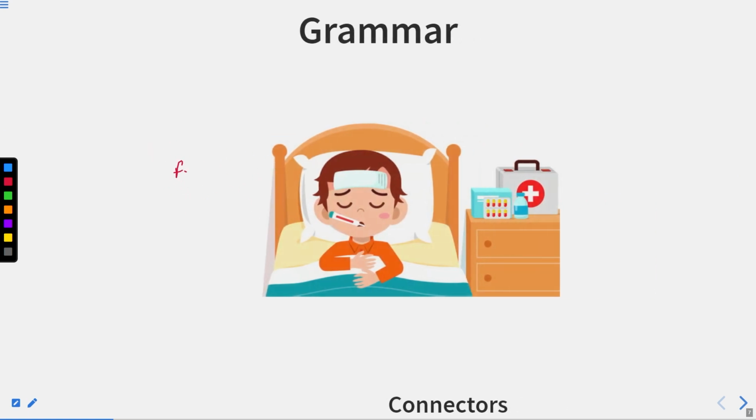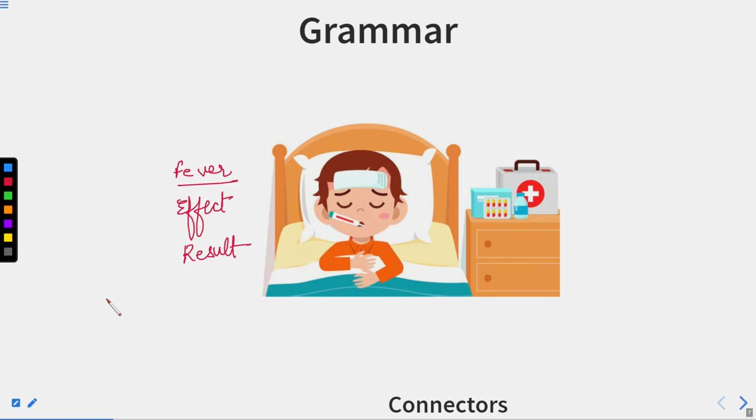So this fever is the result or the effect or the outcome. So we have two things over here. One is cause, that was the rain, and the effect is that he got fever, that he got ill. So this shows the cause and effect relationship.